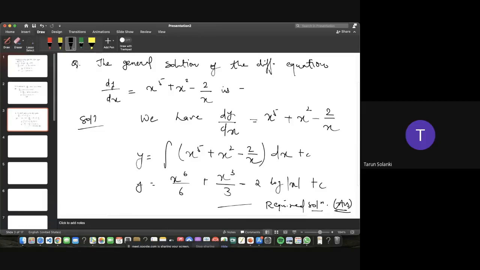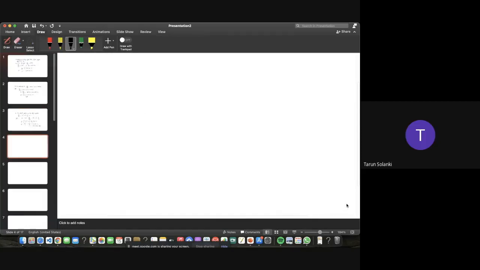Okay. So one last question we are taking on this. The question is given: the solution of the differential equation x cos y dy is equal to x e to the power x log x plus e to the power x dx.